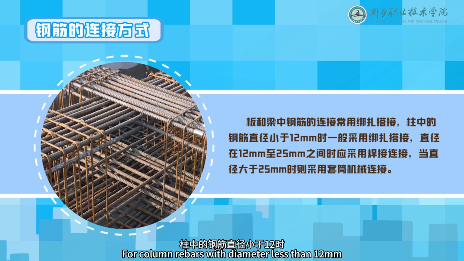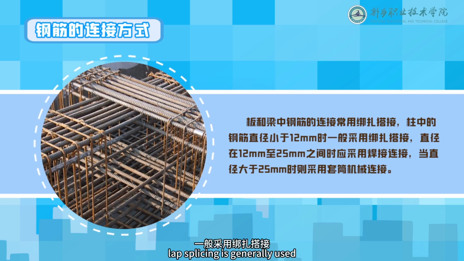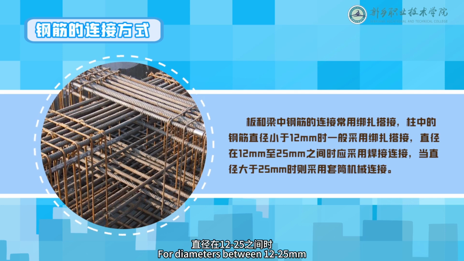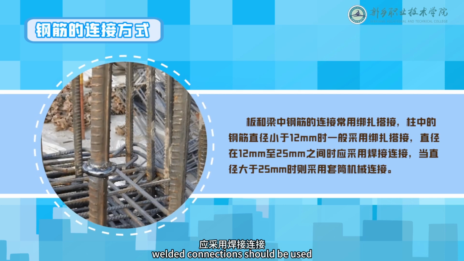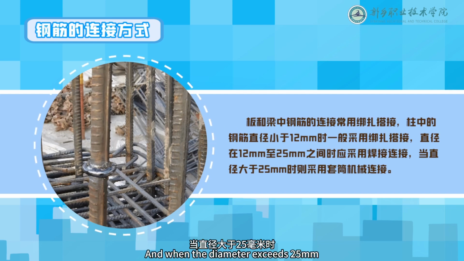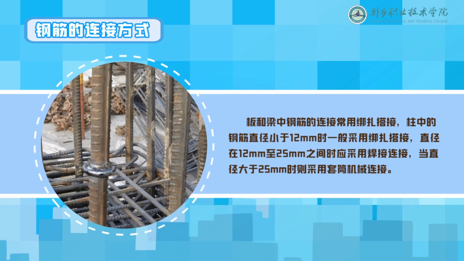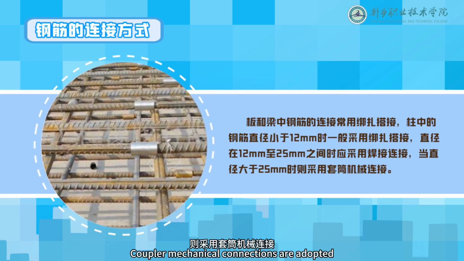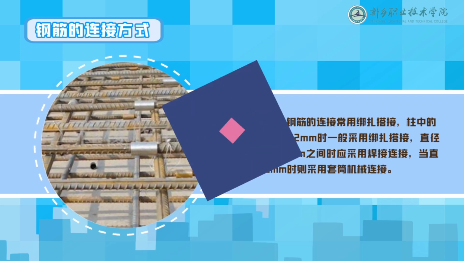For column rebars with diameter less than 12 mm, lap splicing is generally used. For diameters between 12 to 25 mm, welded connections should be used. And when the diameter exceeds 25 mm, coupler mechanical connections are adopted.